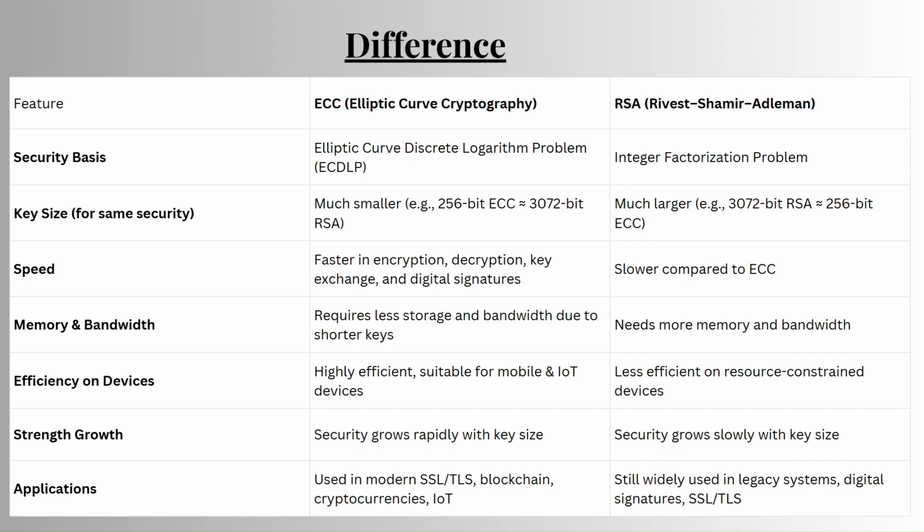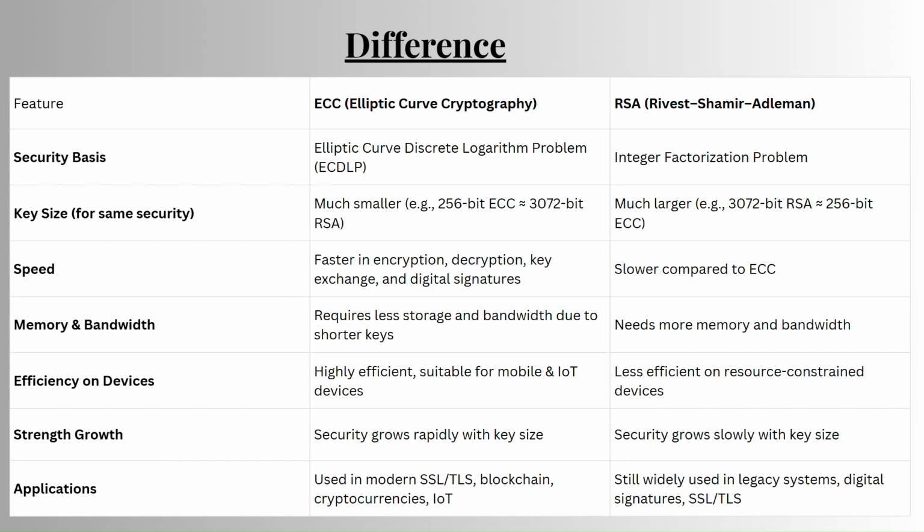Difference between ECC and RSA. ECC's security basis uses the elliptic curve discrete logarithm problem, whereas in RSA the factorization problem is used. The key size in ECC is much smaller than the key size in RSA. As the key size is smaller in ECC, encryption and decryption is faster, whereas in RSA it is slower.